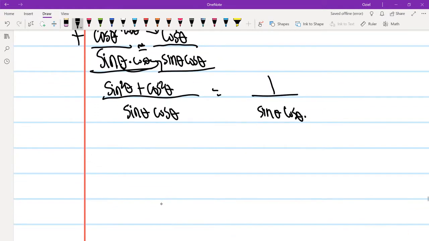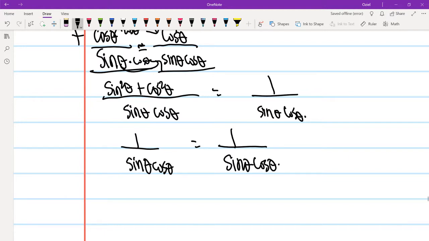And we all know that sine squared of theta plus cosine squared of theta equals 1. So you would then say 1 over sine of theta cosine theta equals 1 over sine theta cosine theta. And you've verified it.